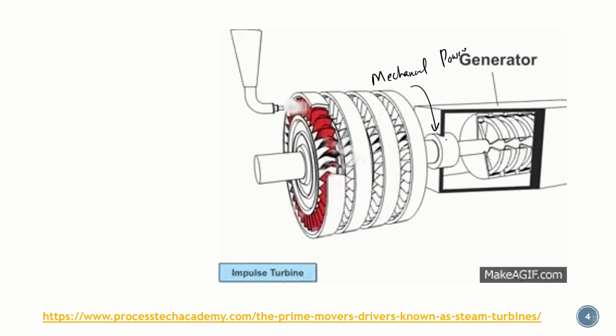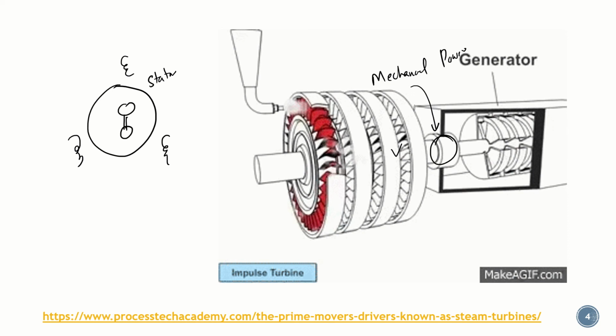And then if this is our stator, and we have three-phase coils here, and this is our rotor. This rotor shaft is attached with the turbine, and when this turbine rotates, it supplies the mechanical power and this shaft rotates.